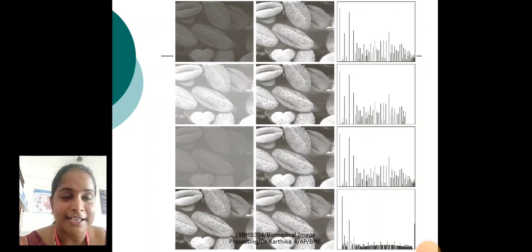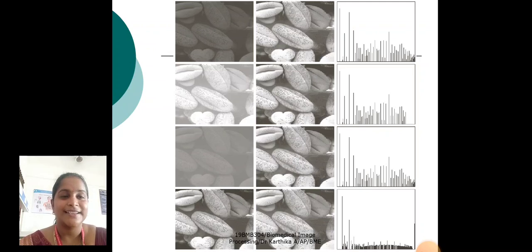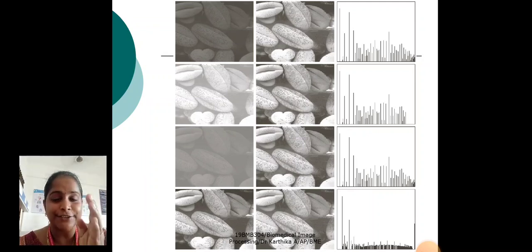In this diagram, for the dark image, light image, high contrast and low contrast image, histogram equalization gives a highly enhanced image as the output. For a lighter image, a darker image or any high or low contrast image, histogram equalization gives the same enhanced output as a result.